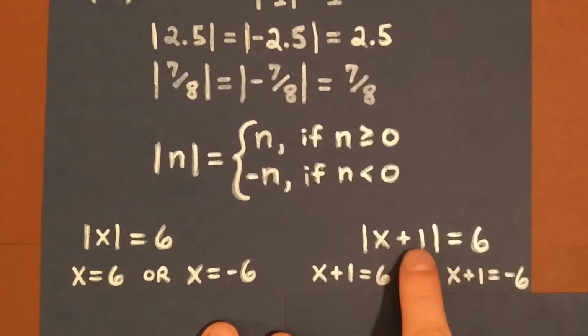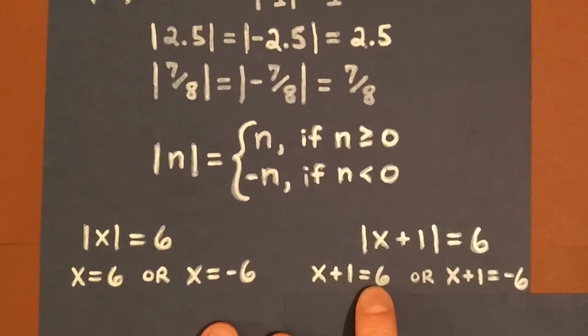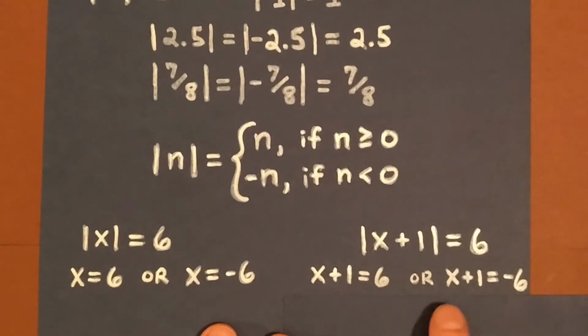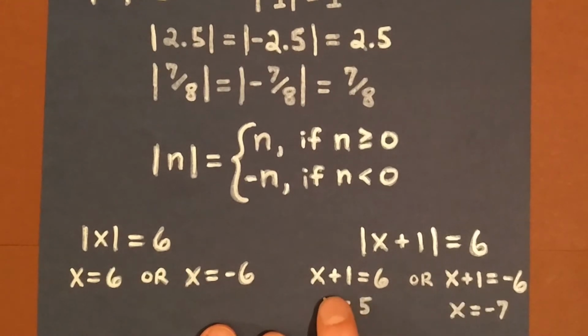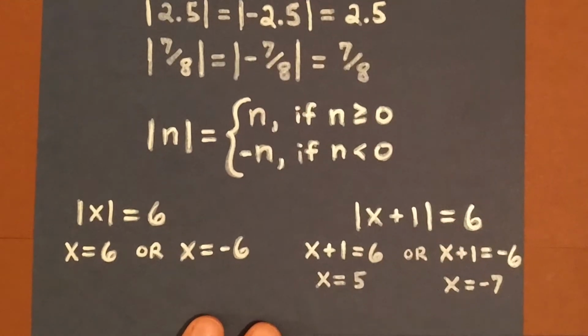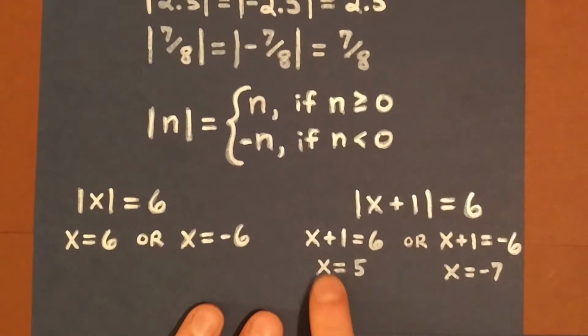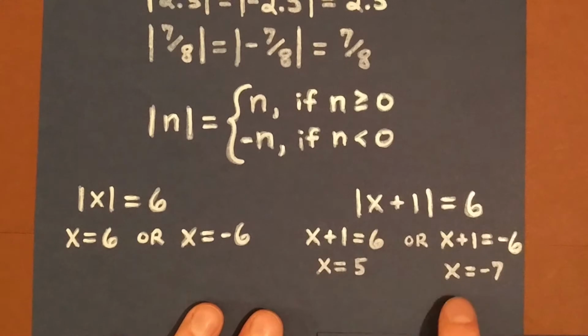So what's inside, x plus 1, is either 6 or it equals -6. So there are two possibilities again, but we're not quite finished. Here we were finished because it was simply x inside. Now we have to solve, and when we solve this, we end up with x equals 5 or x equals -7.